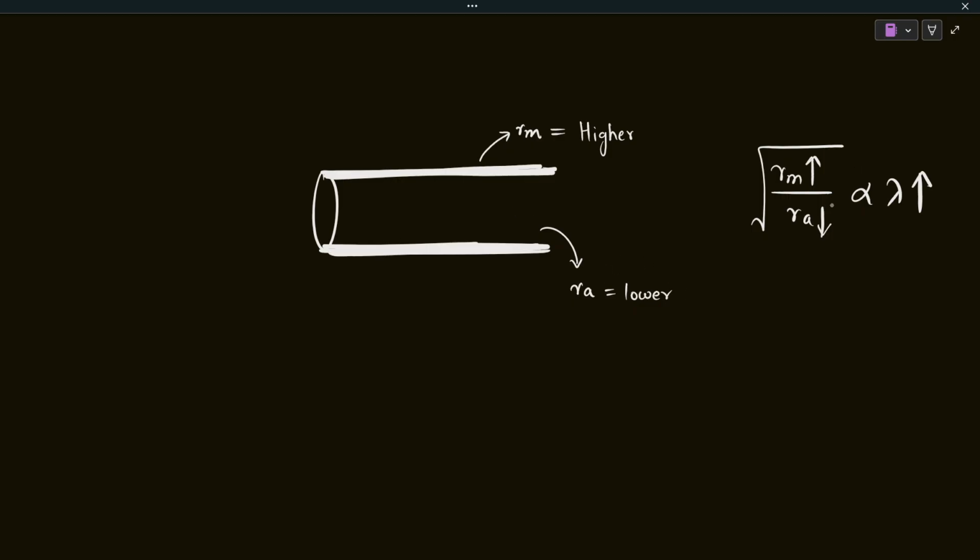Mathematically, you already know by the equation that high membrane resistance and low axonic resistance is going to result in a higher value of length constant, and once the length constant is high, the conductive velocity will also be high.